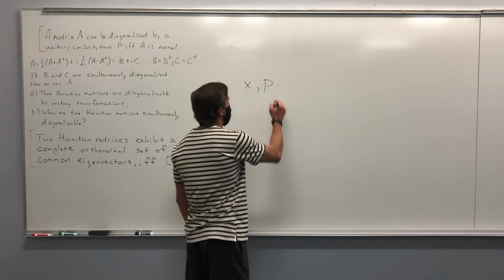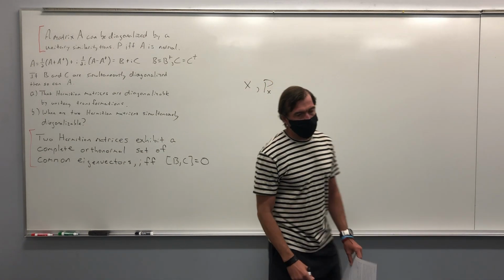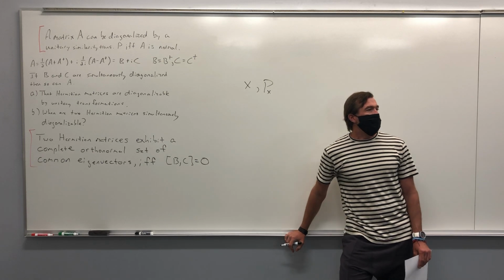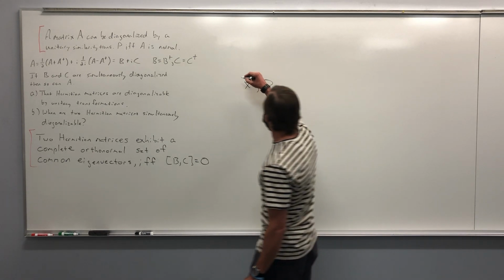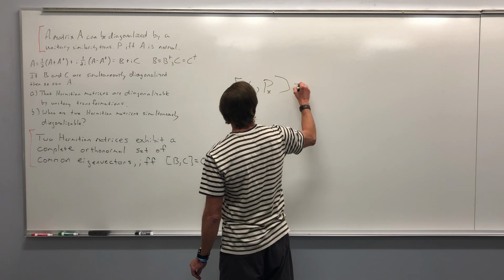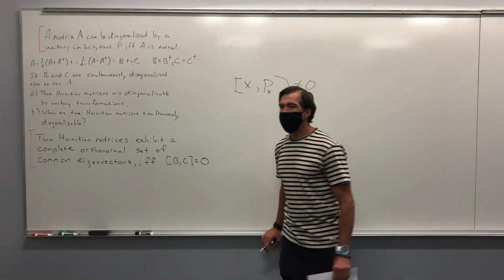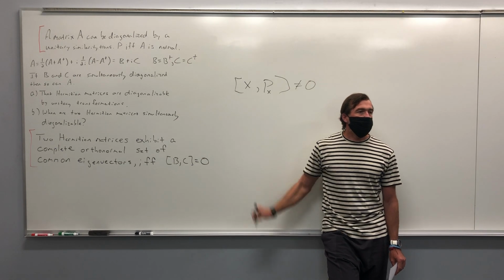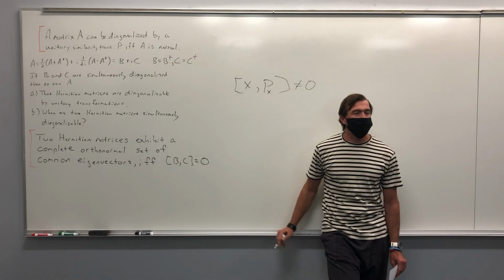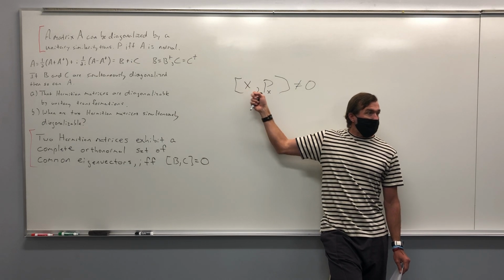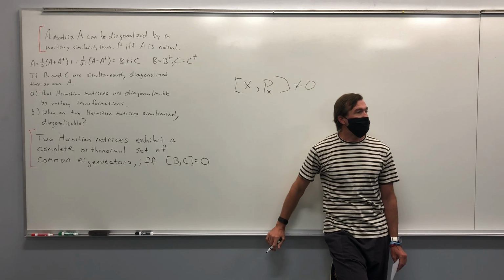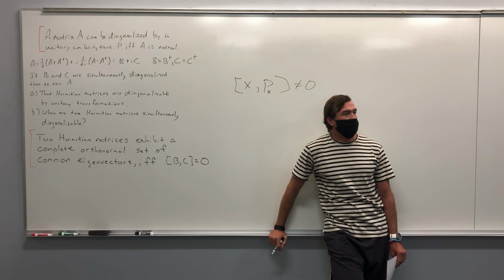X and P, where this is the x component of the momentum. These are operators in quantum mechanics that do not commute. And a consequence of that in quantum mechanics is that the basis associated with the x operator is different than the basis associated with the p_x operator.